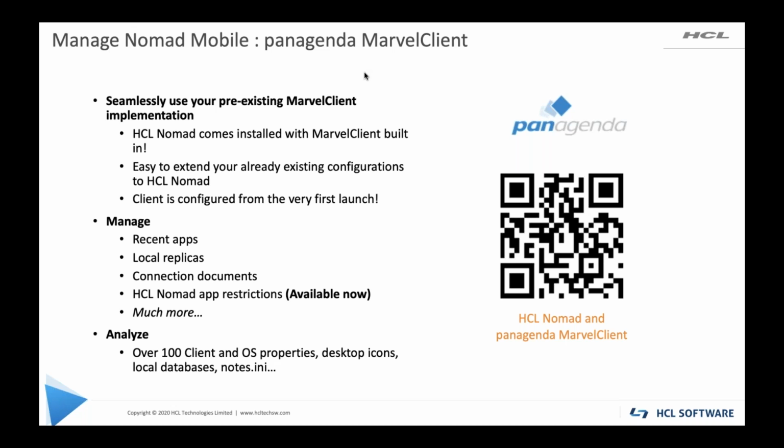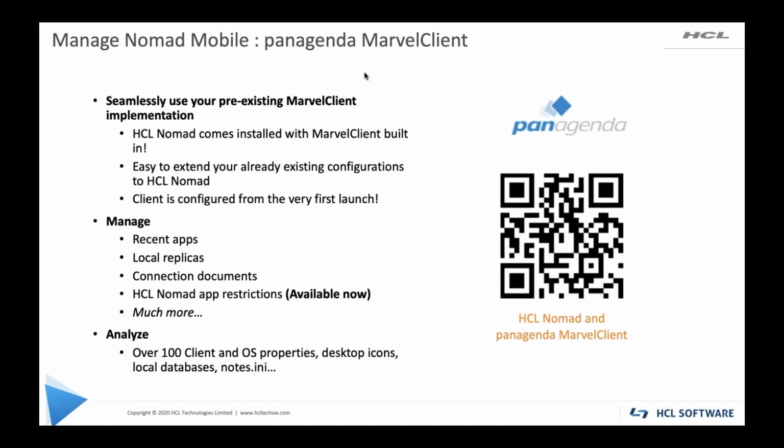You can also ensure that your client is configured from the very first launch, which is really important if you have end users that you want to set up so they can be productive from the very first configuration of Nomad. You can create replicas on that first configuration. You can modify the recent apps page so that all the applications you want them to use are already available, and all they have to do is open Nomad and tap the application to launch it.